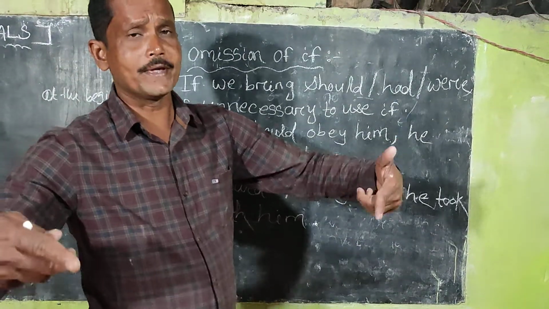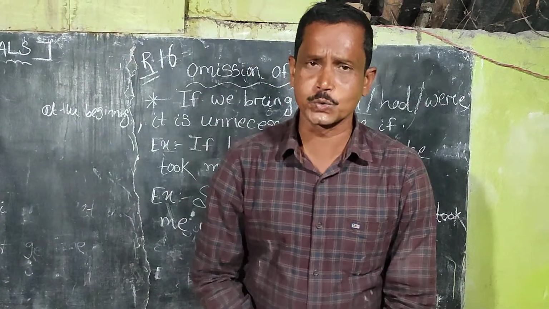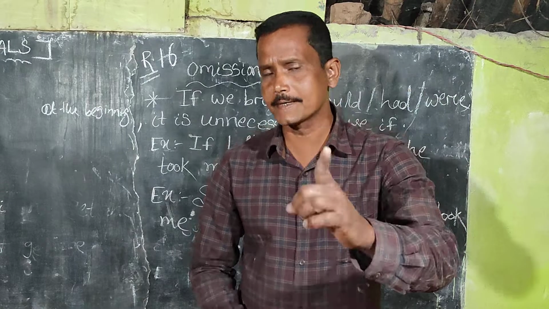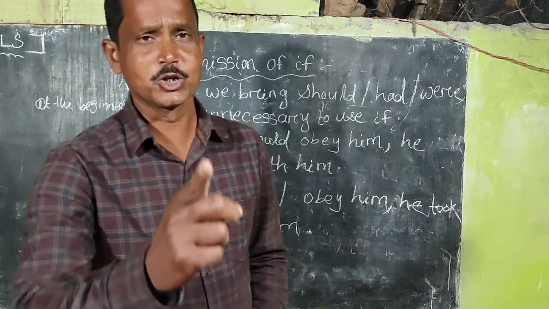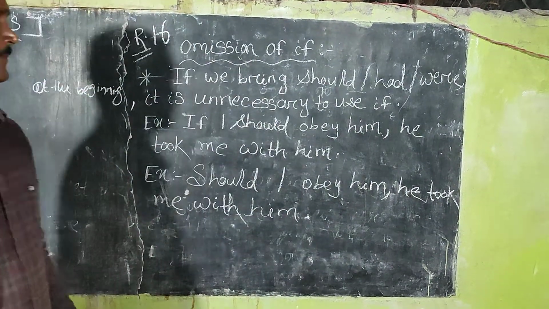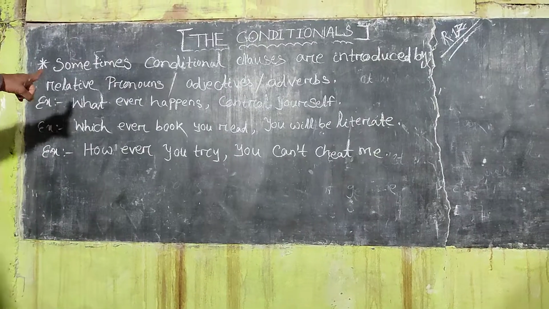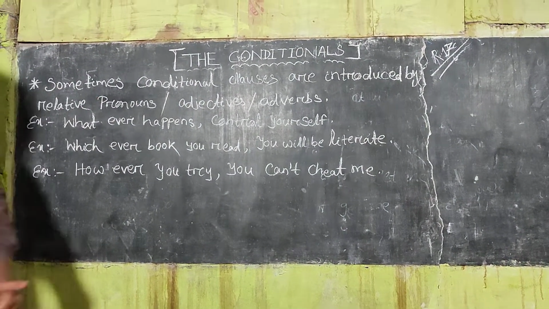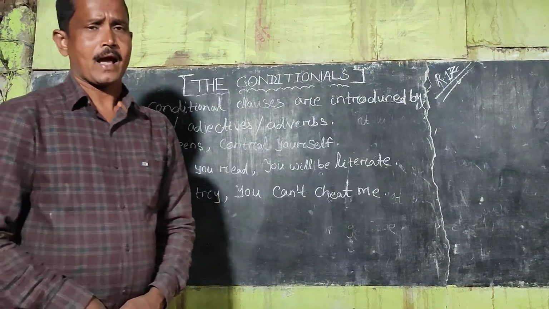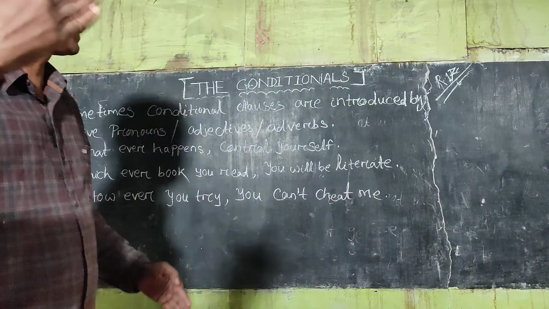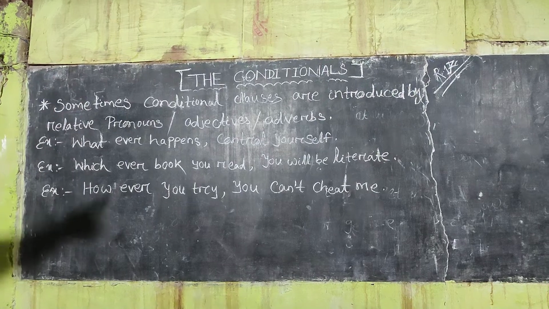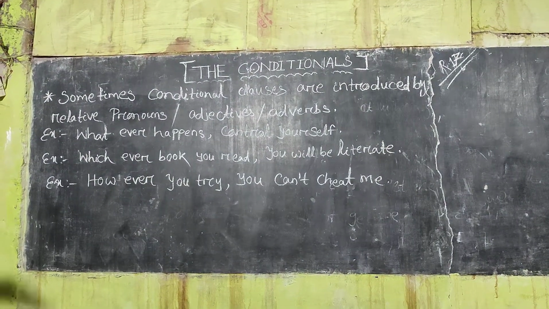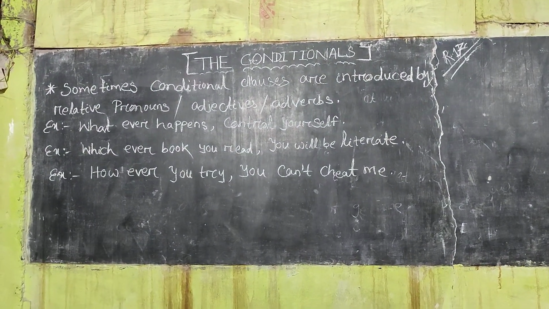That means if we use had, were or should at the beginning, the sentences also refer to conditional sentences. Now you can see the rule: sometimes conditional clauses are introduced by relative pronouns, adjectives and adverbs, and they also form conditional sentences.